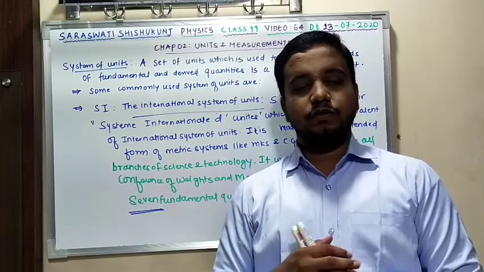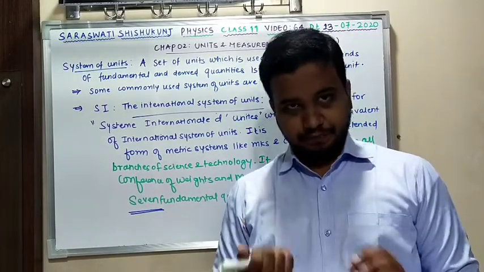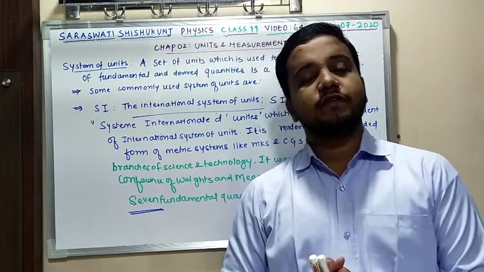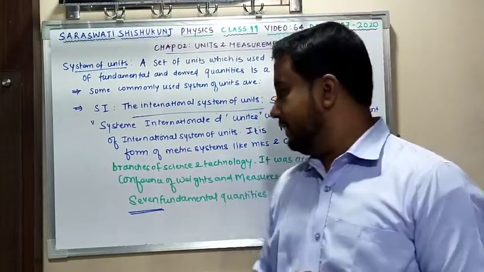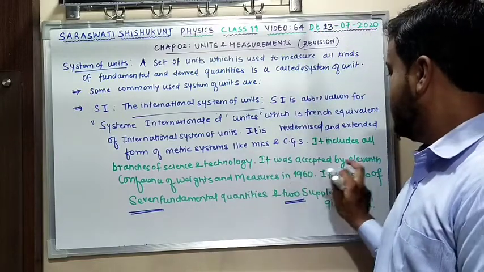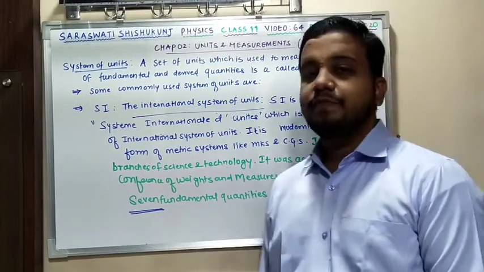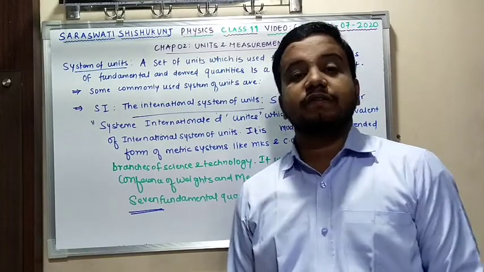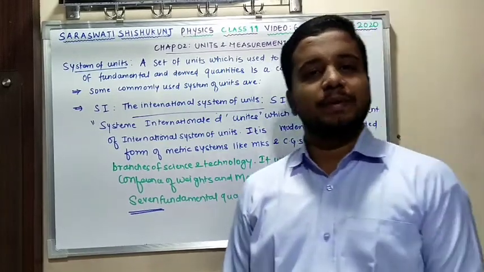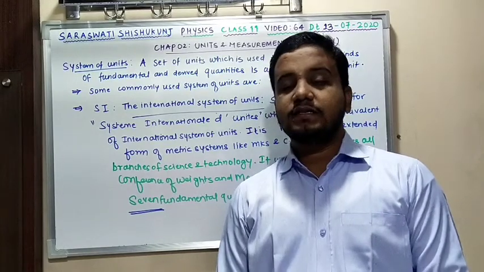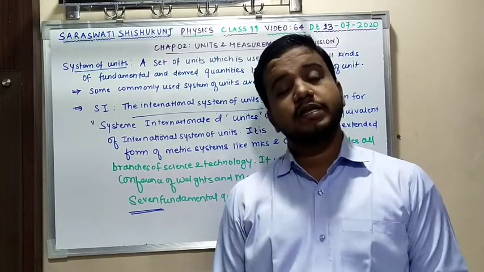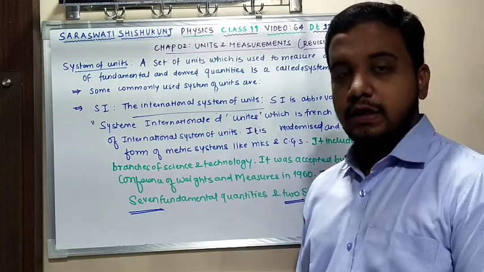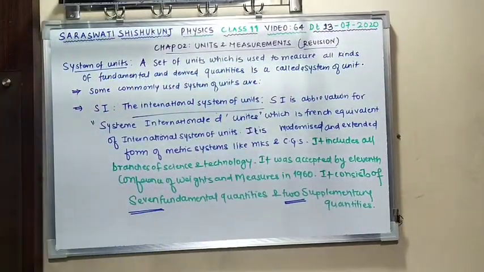It includes all the branches of science and technology, and it was accepted by the 11th General Conference of Weights and Measures in 1960. And one more important point, it comprises 7 fundamental quantities and 2 supplementary quantities. Now let us discuss which are the 7 fundamental quantities and the 2 supplementary quantities, their units and symbols.